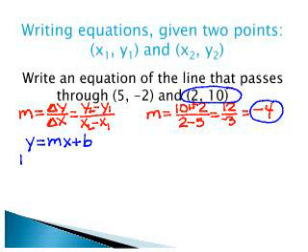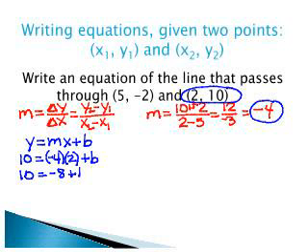So my y is 10 from that point, and the slope is negative 4. The x is 2 plus b. So 10 is equal to negative 8 plus b. Just going to add 8 to both sides.